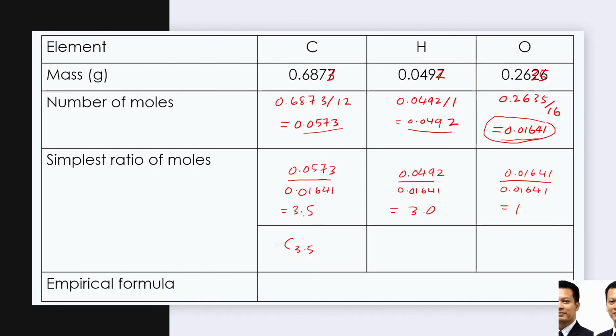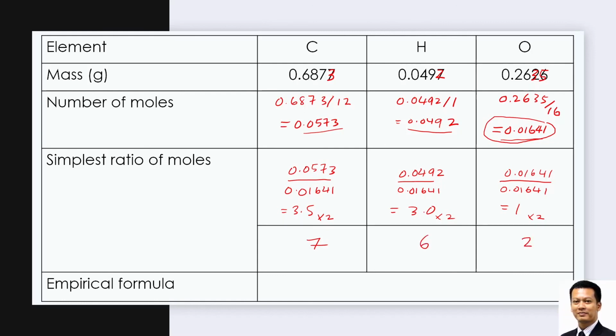So what you need to do is to try to multiply this number with a number that can make it a whole number. In this case, you need to multiply by 2. When you multiply this one by 2, everything else must follow. So this one is actually 7, this one is 6, and this one is 2.